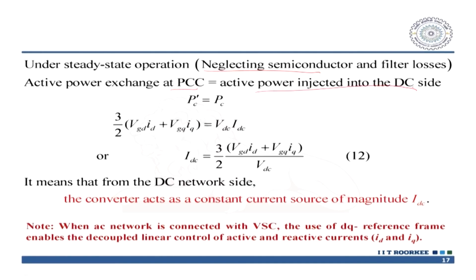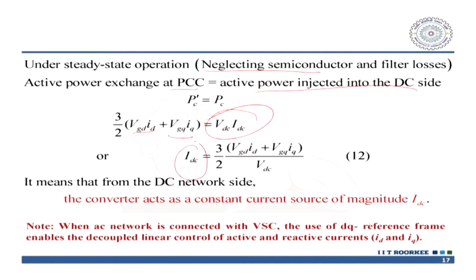Thus 3 by 2 (grid voltage into grid current in D axis plus grid voltage and grid current in Q axis) should be equal to the DC power, that is essentially Vdc into Idc.